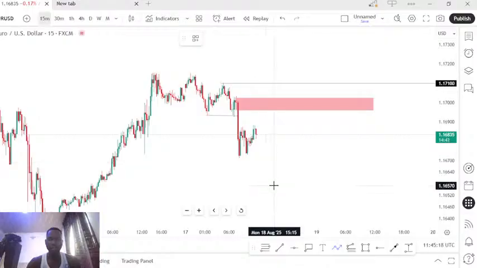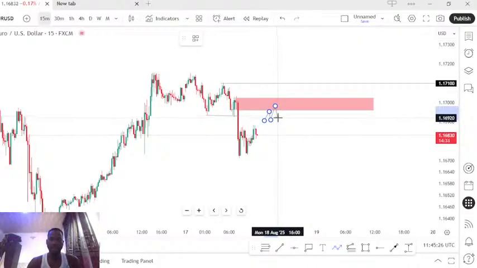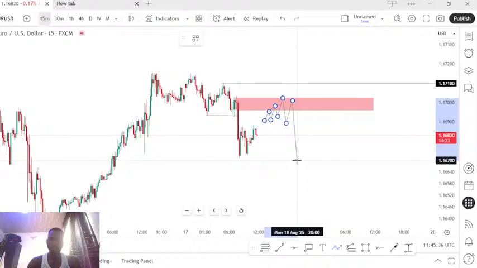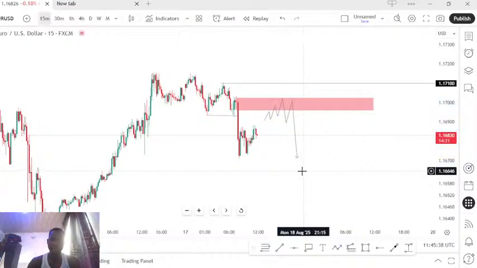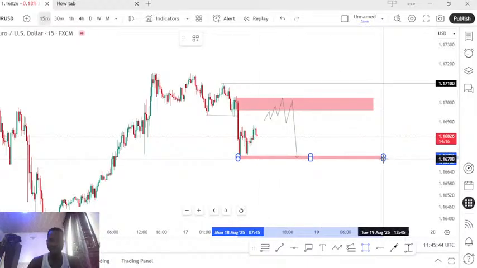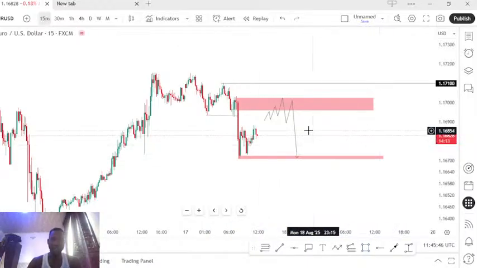at this level here, for example, now this is how my confirmation works: a pushback, higher high, higher low, higher high, a break of previous low, a retracement back to the origin, and an entry to this level here. Okay, so this will serve as my take profit area, my first take profit area.